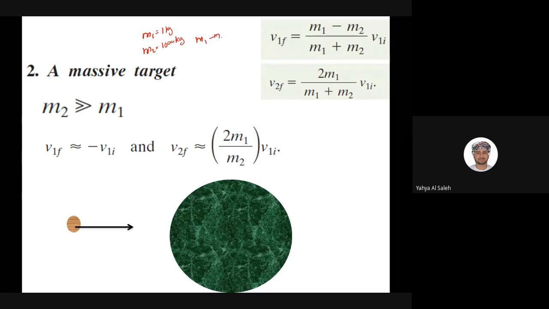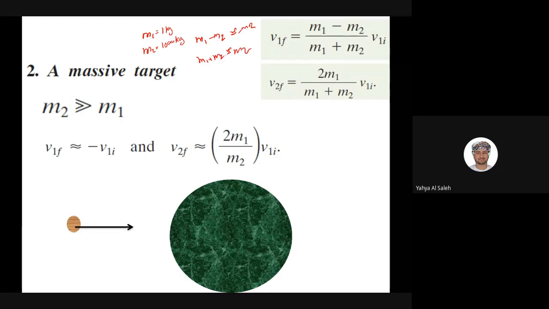What is M1 minus M2? Minus 999 kilograms, which is approximately simply minus M2. What is M1 plus M2? Again, M1 is almost nothing here, so it's still approximately only M2.